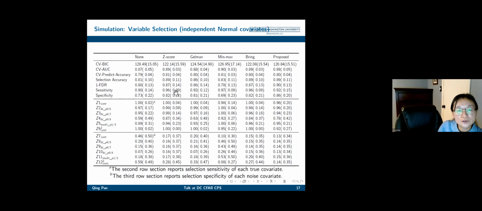So if you compare with our method, our sensitivity is not the highest, but our specificity is higher because we select the noise less.